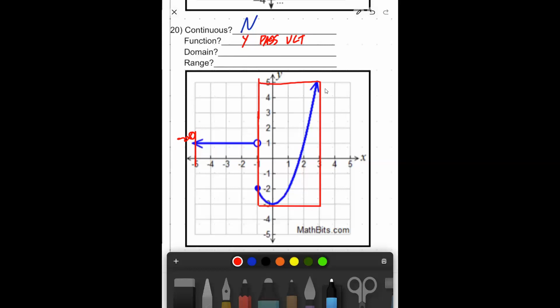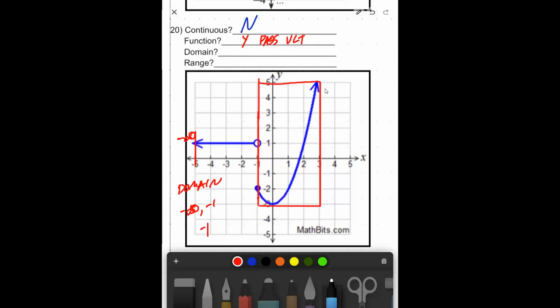Now, the domain for this is negative infinity over to -1, right? But then we got to go from -1, if we look at this box now, over.